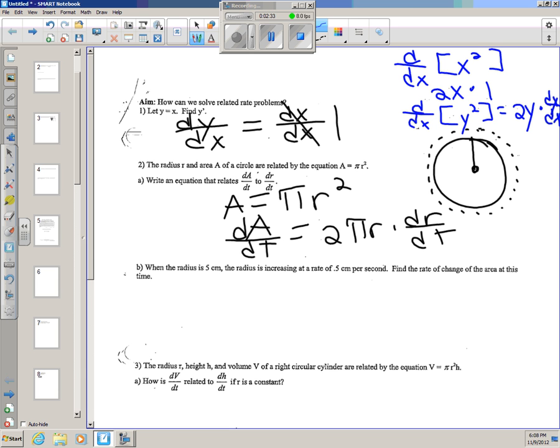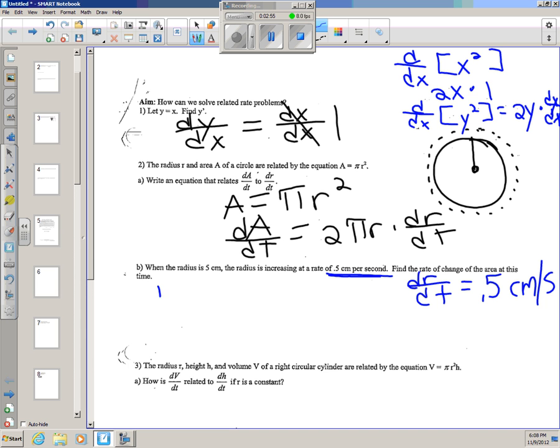Okay, so for part B, when the radius is 5, the radius is increasing at a rate of 0.5 centimeters per second. So this value here, the 0.5 centimeters per second, that's our dr/dt. The fact that this is positive lets us know that the radius is increasing as time goes on.